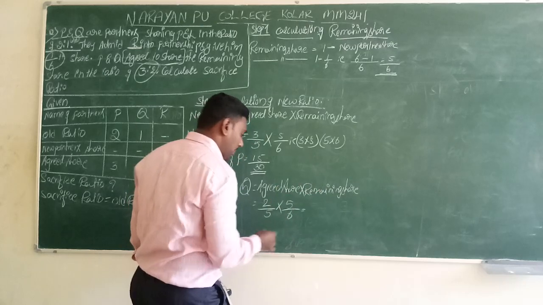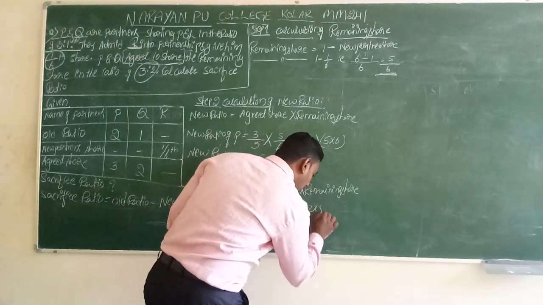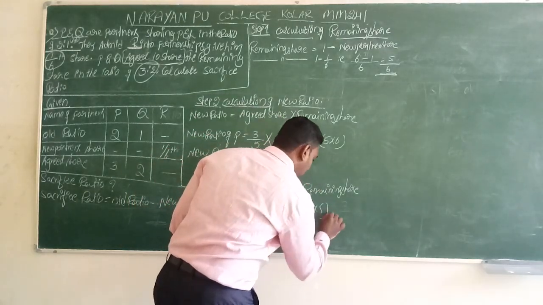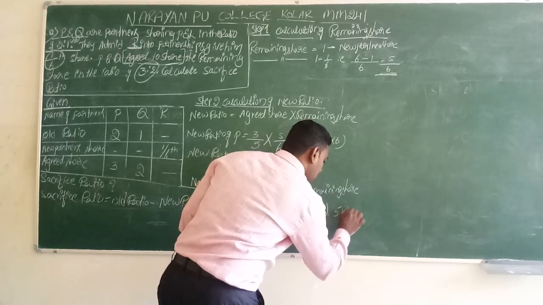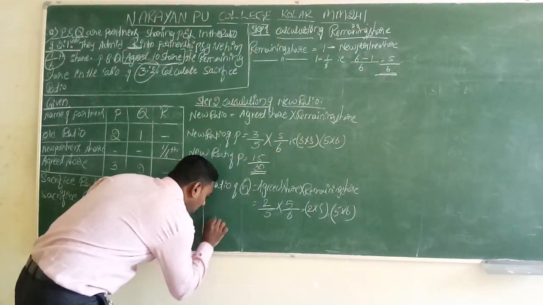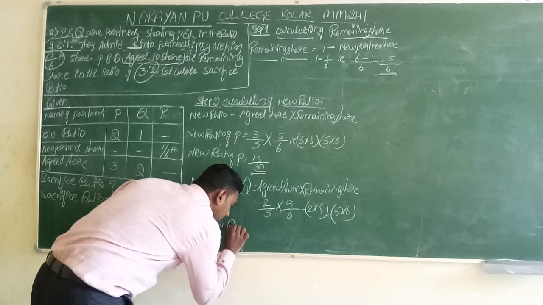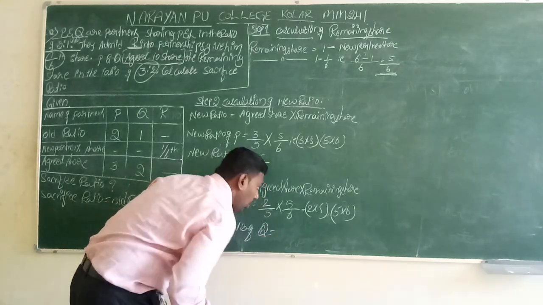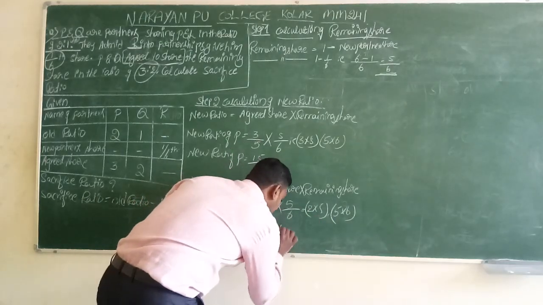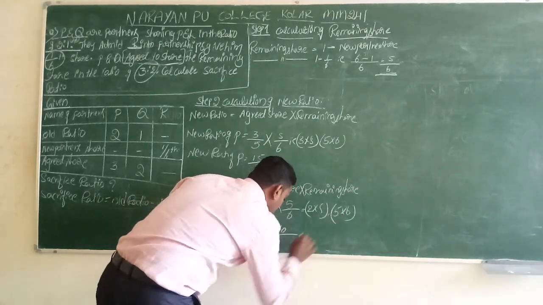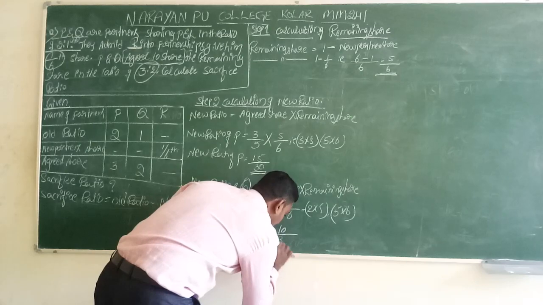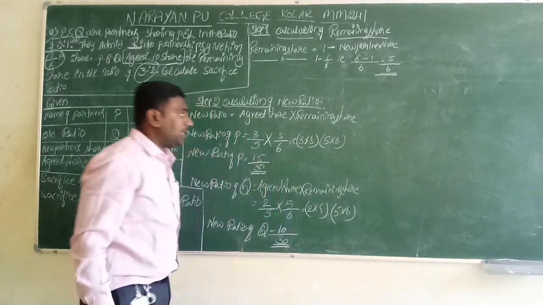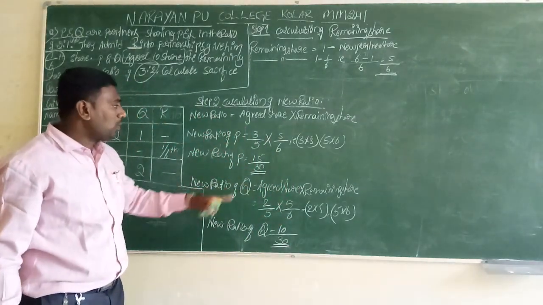Therefore, again we multiply 2 into 5, 5 into 6. New ratio of Q is equal to 2 5s are 10 divided by 6 5s are 30. That is 10 divided by 30. Step number 2 is complete.